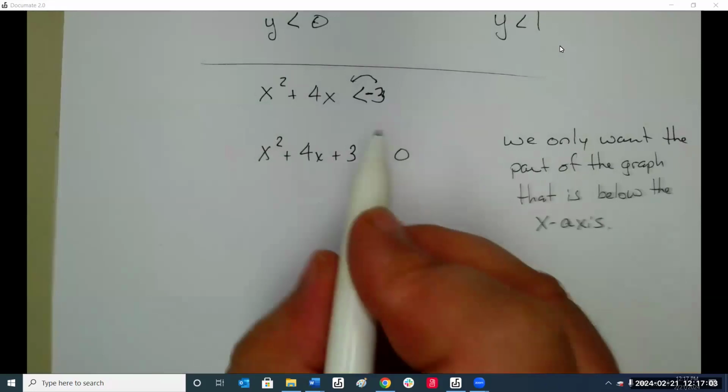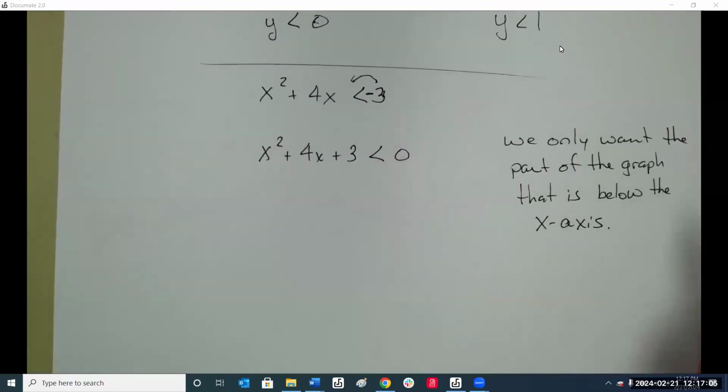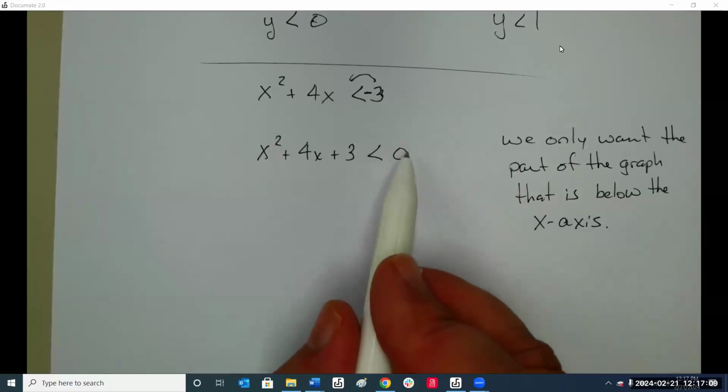If it was greater than, then we want what's above the x-axis. So that's why setting it to 0 is important.